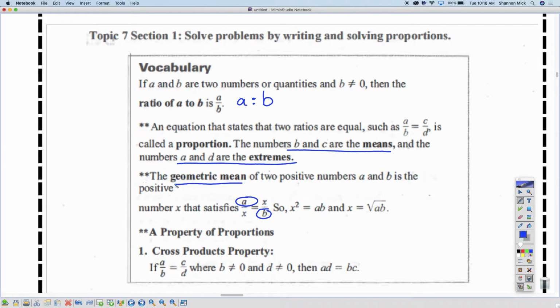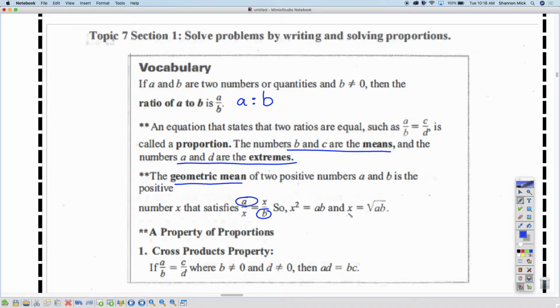Okay? So what we do with those two numbers, if you look at the equation, if I cross multiplied this, I would have x squared equals AB, right? Because x times x would be x squared, and A times B would be AB, yes? Then I take the square root of both sides to get rid of the square. Everyone following?